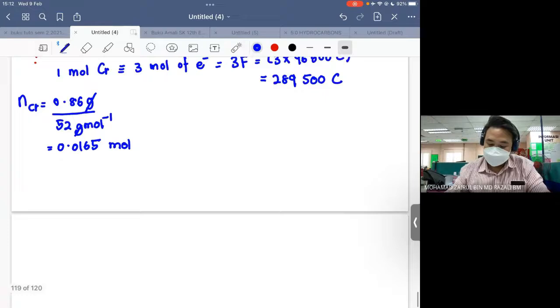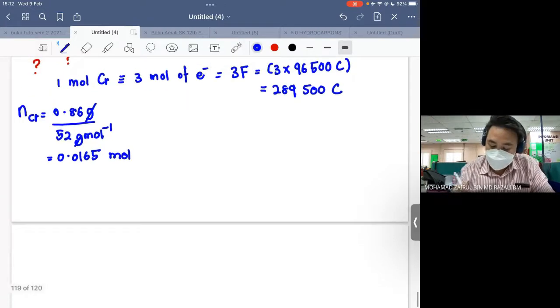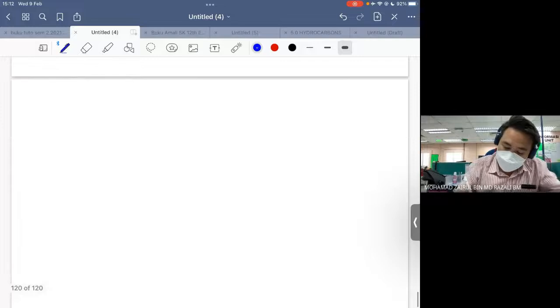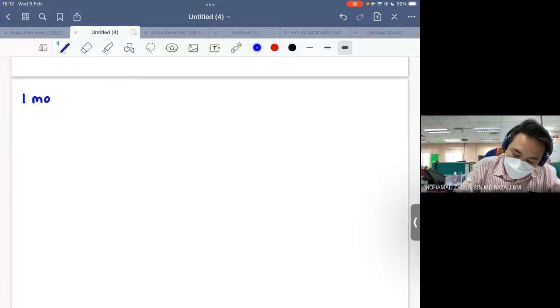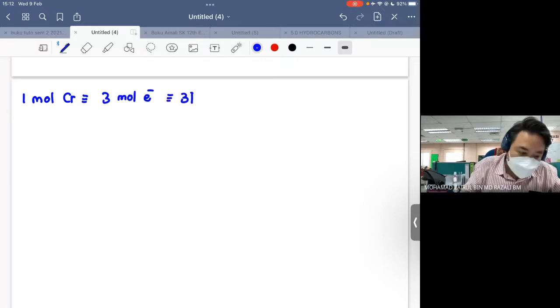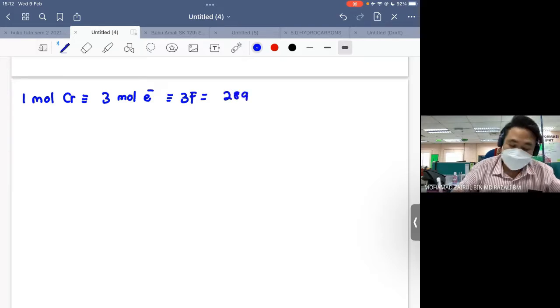Okay, so kita sambung balik. Sekarang kita tahu the mole of chromium yang terhasil daripada proses electrolysis ni is 0.0165 mole. So kalau saya salin balik relationship tu, tadi 1 mole chromium is equal to 3 mole of electron equal to 3 Faraday is equal to 289,500 coulomb of charge.